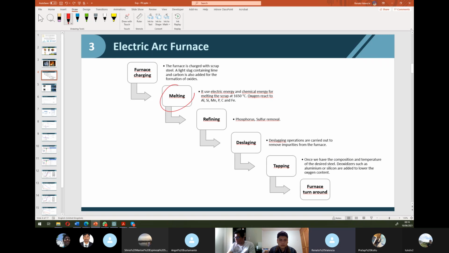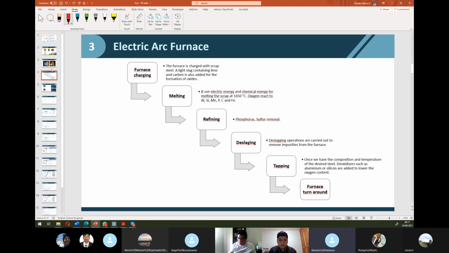Then, during melting of the scrap, electrical energy and chemical energy are used. Electric energy such as the electric arc, and chemical energy such as the burning of methane or natural gas to add heat to the process.